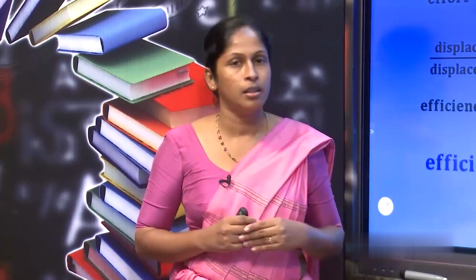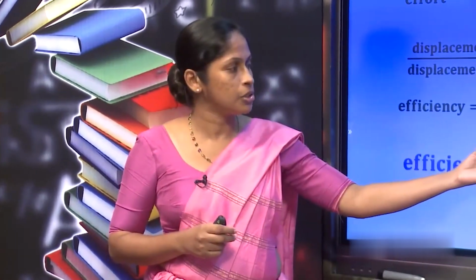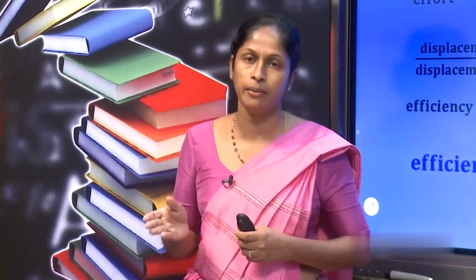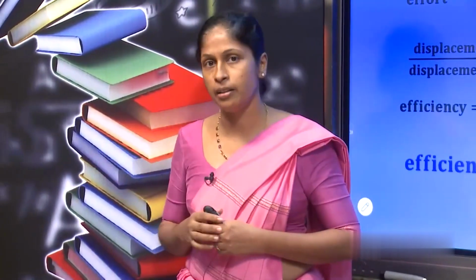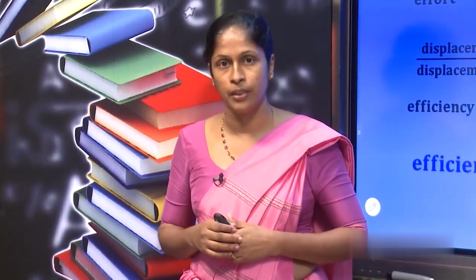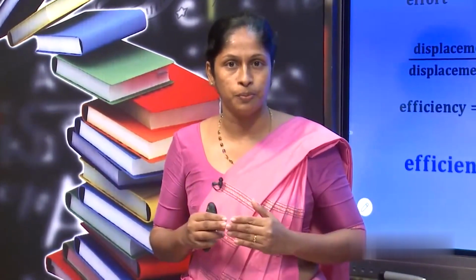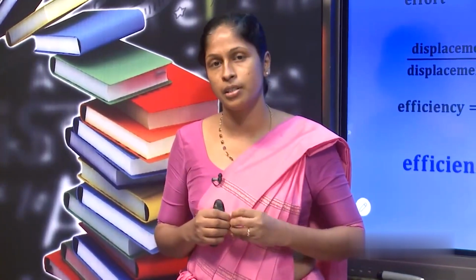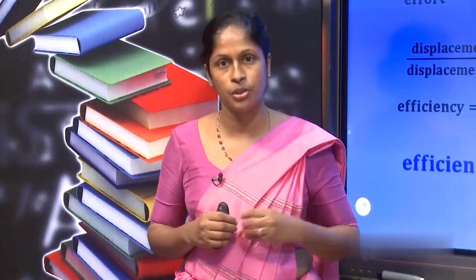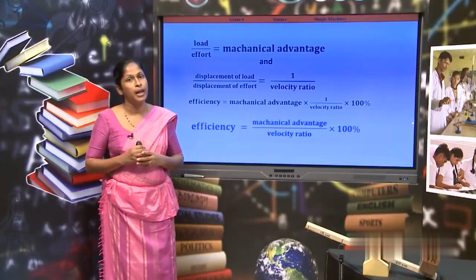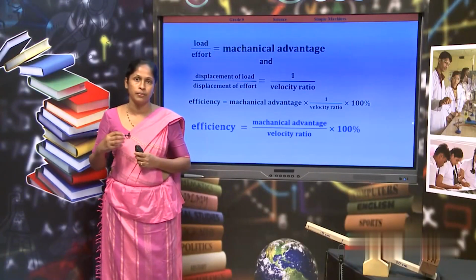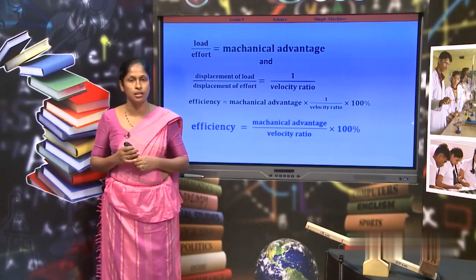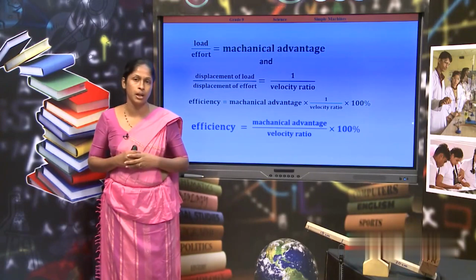One is by using mechanical advantage and velocity ratio, and the other way is by work input and work output. That should be decided by you. If you are given mechanical advantage and velocity ratio, you can use this equation. And if you are given work input and work output, you can use that equation. That should be decided by you.